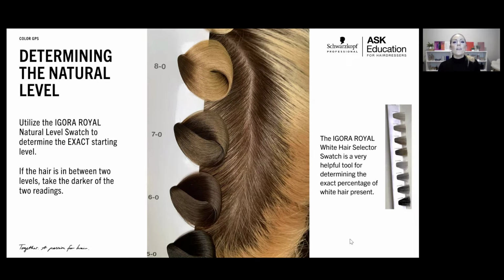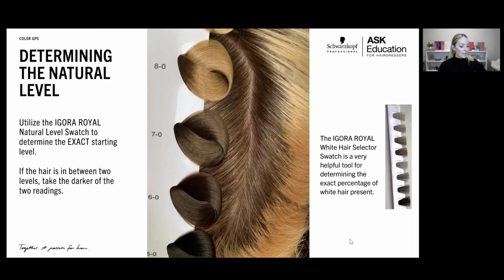But if you are not sure, let's say you place your swatch into the client's hair and it doesn't quite match any one of them, always assume it's the darker of the two that you're sort of deciding between, because most clients would rather be slightly lighter than slightly darker. And also, it's a lot easier to tone something down than to relift again something lighter. So it's just a best practice. If you're not sure between two shades, which one matches best, always assume they're the darker of the two.